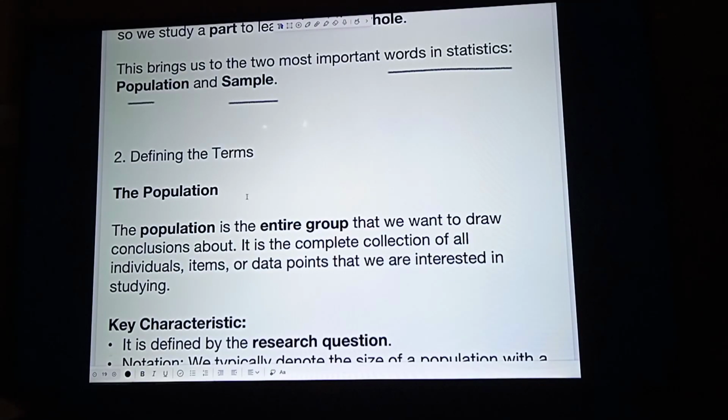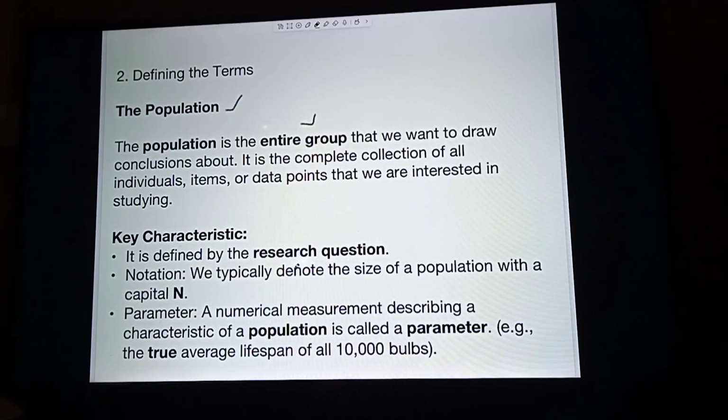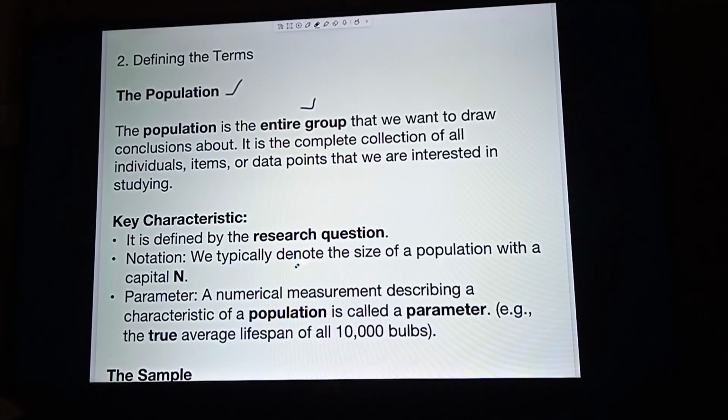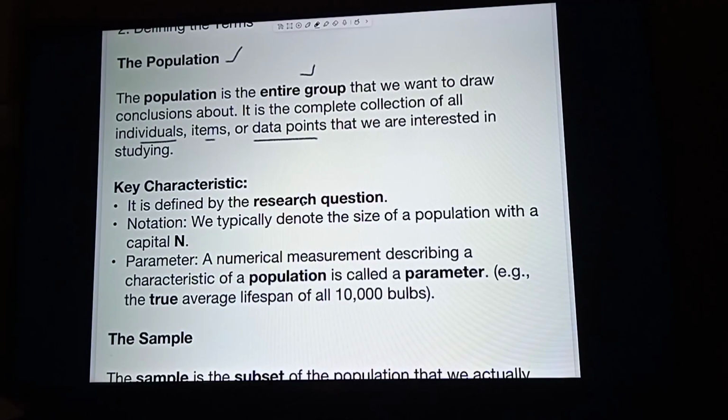First is the population. Now, the population is the entire group that we want to draw conclusions about. It is the complete collection of all individuals, items, or data points that we are interested in studying. What are the key characteristics of the population?